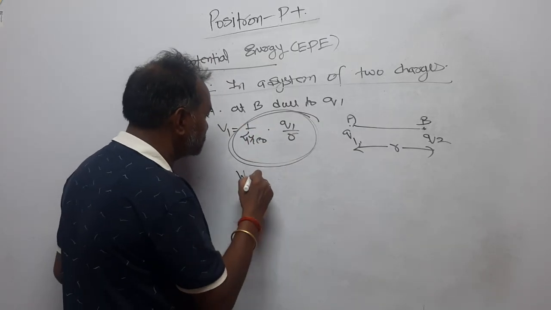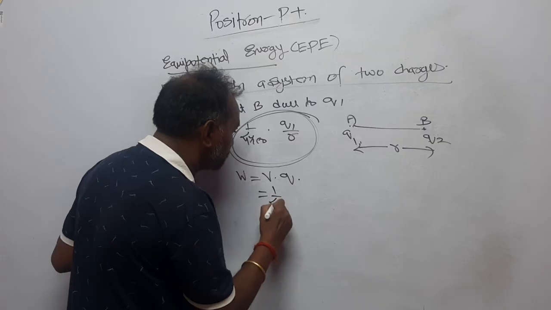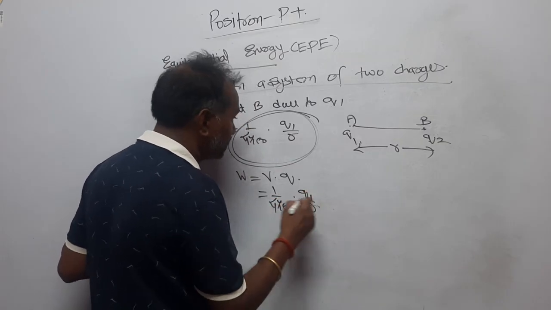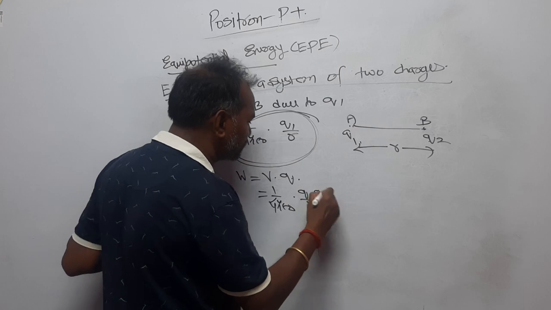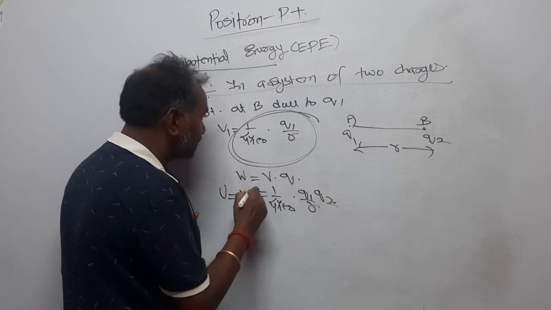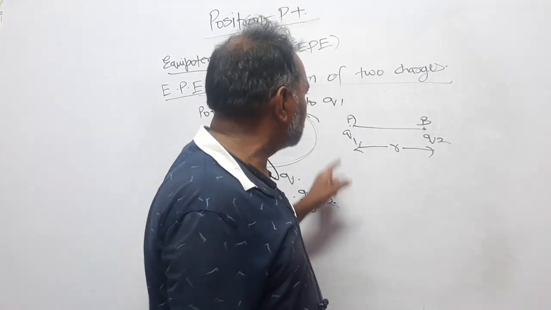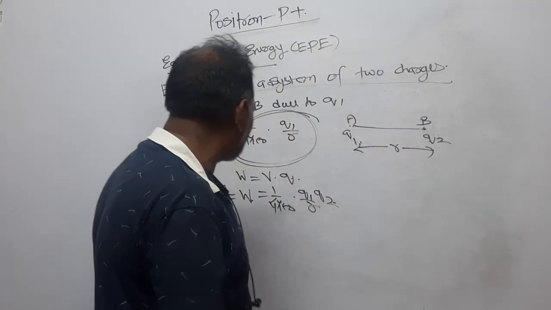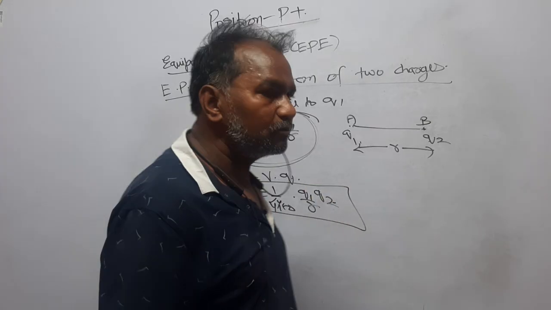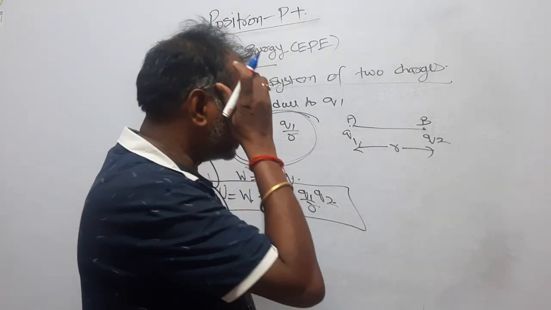W is equal to V into Q. V you have already got, 1 upon 4 pi epsilon naught Q1 by r, and now this Q2 charge is brought. So this is the electric potential energy, the work done in assembling these two charges Q1, Q2 at a distance small r away. This is the EPE. U is equal to W is equal to 1 upon 4 pi epsilon naught Q1 Q2 by r, right?